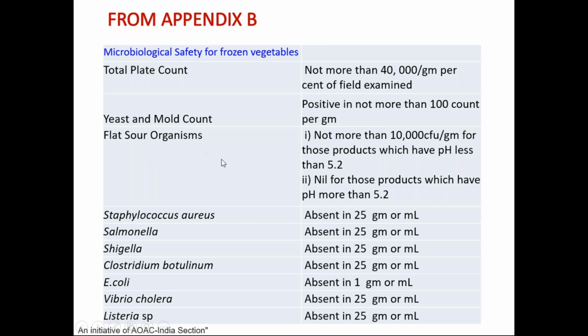If these exceed the limits, that means they were unhygienically processed. The safety of the food is defined by these, and if you see, it is very stringent, absence in 25 grams or 25 milliliters, indicating the safety or the level of hazard which is there. So it must be absent in 25 grams.